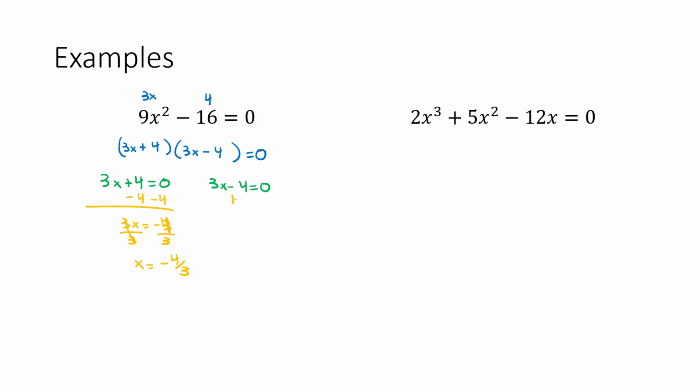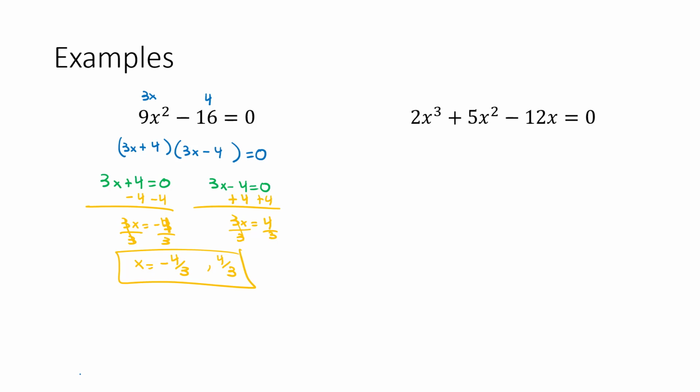Same thing on the other side. We add 4 to both sides to get 3x equals positive 4, and divide both sides by 3 to get x is equal to the fraction positive 4/3. So there's two possible solutions to 9x squared minus 16 equals 0. Negative 4/3 and positive 4/3.